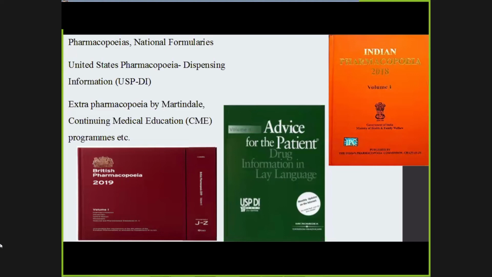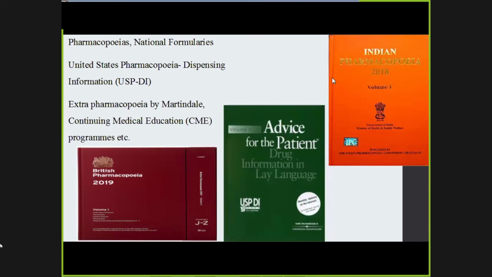There are some other books you can refer to for detailed information, like pharmacopoeias and national formularies. National formularies and pharmacopoeias are different for different countries. So here one is the Indian Pharmacopoeia, then the United States Pharmacopoeia, dispensing information, and the British Pharmacopoeia. So country-wise, the pharmacopoeias are different.